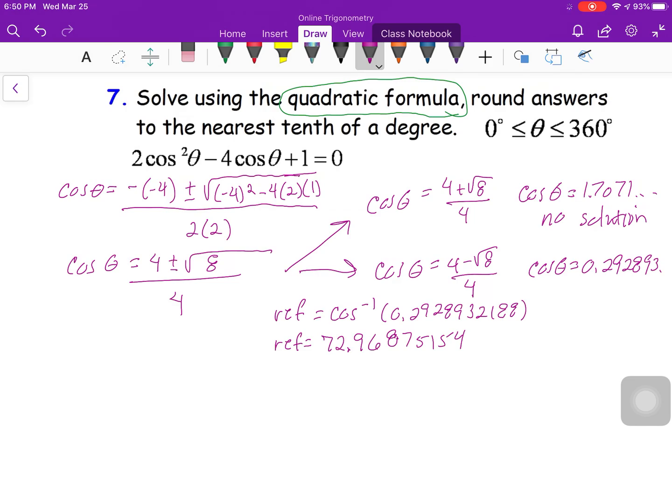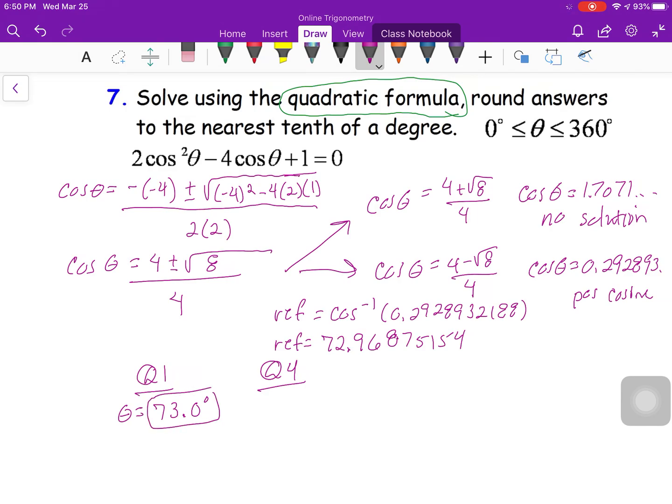So we came out with a positive cosine. Positive cosine means we use quadrants 1 and 4. So we actually are going to use that reference angle. It told us to round it to the nearest tenth. If I round this to the nearest tenth, it looks like theta would be equal to 73.0 degrees.